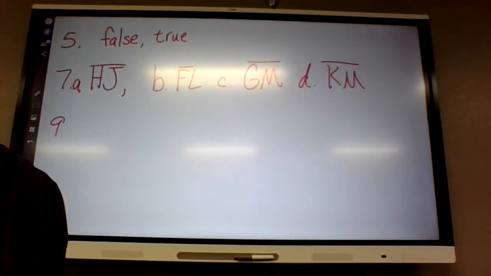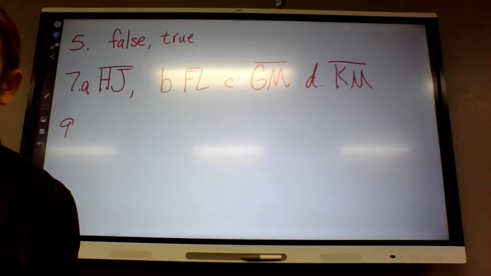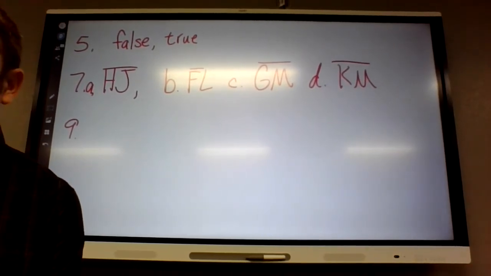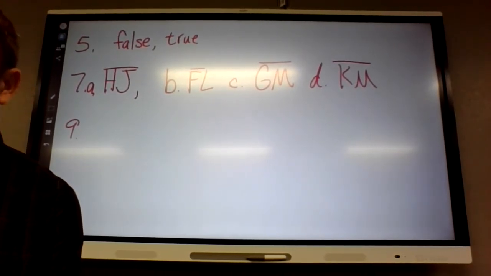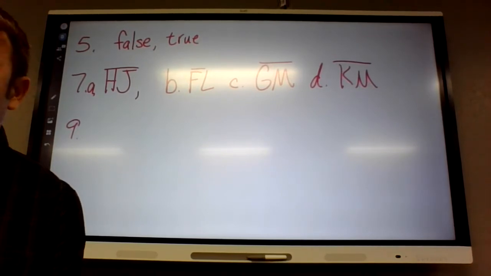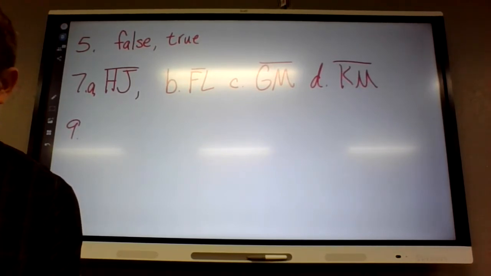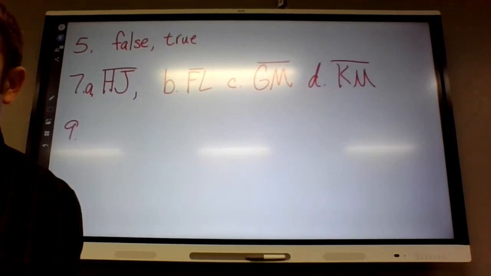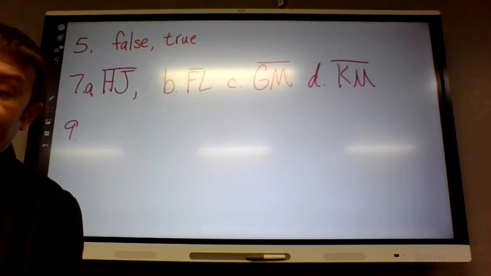For number 9, how could I find y? Do you guys see y in the picture? Yeah, 5y. What do we know about those two angles? They're the same, they're congruent because the triangles are the same, so those angles have to be the same.